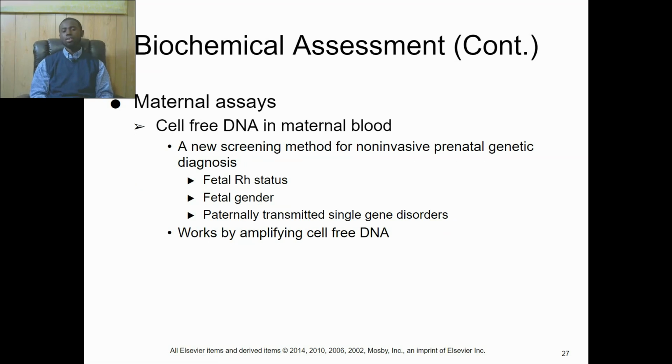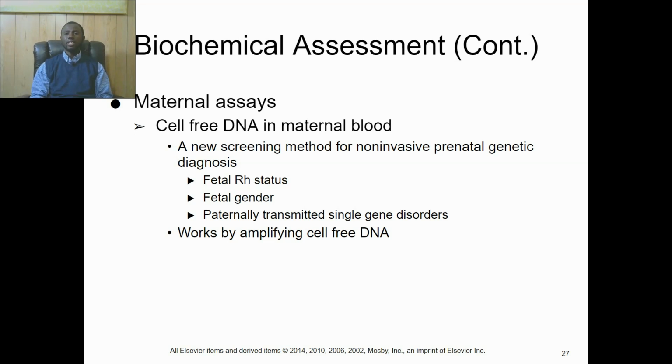There is also another biochemical test that can be done, and this is called the cell-free DNA in maternal blood. So remember when we talked about genetics, I said the Human Genome Project has improved the testing in pregnancy, and this is one of the results from that.